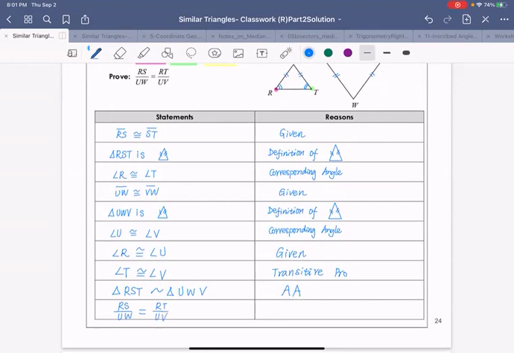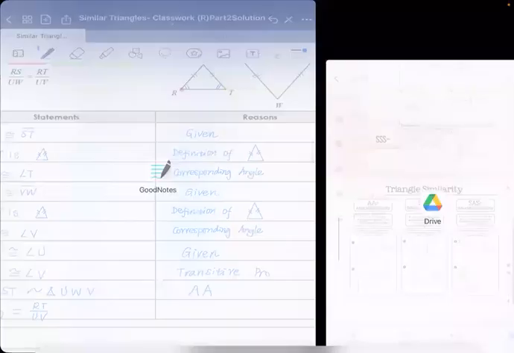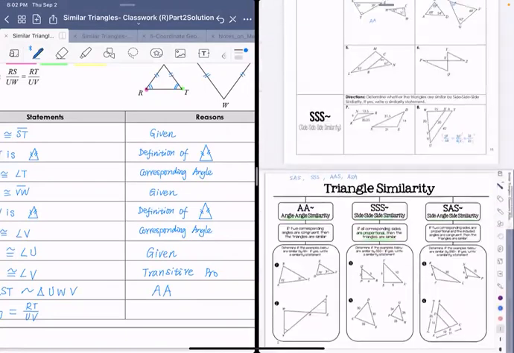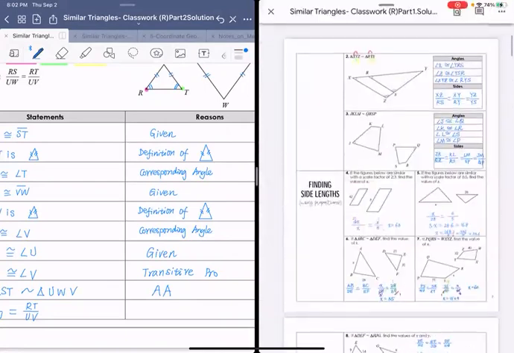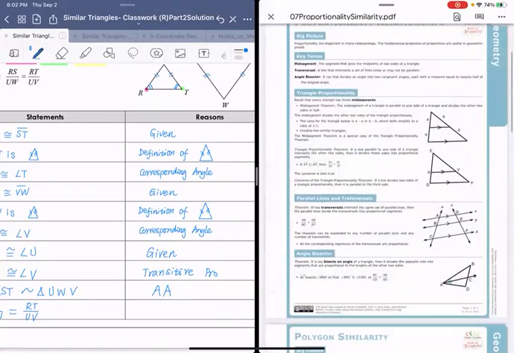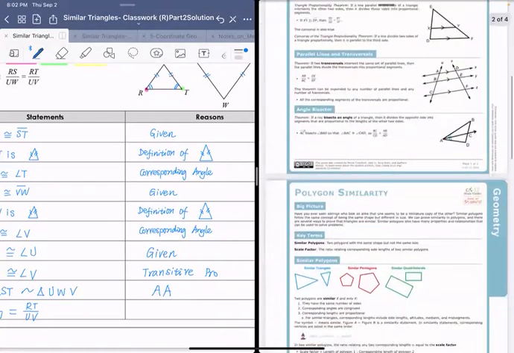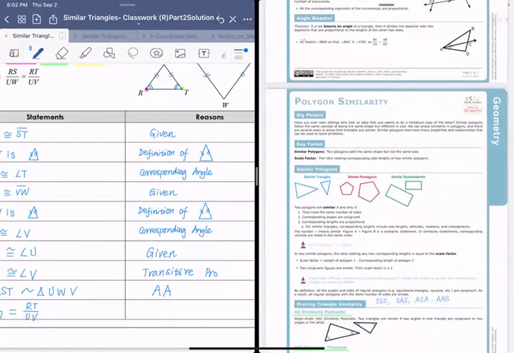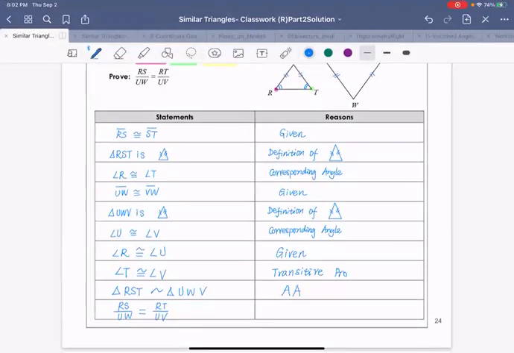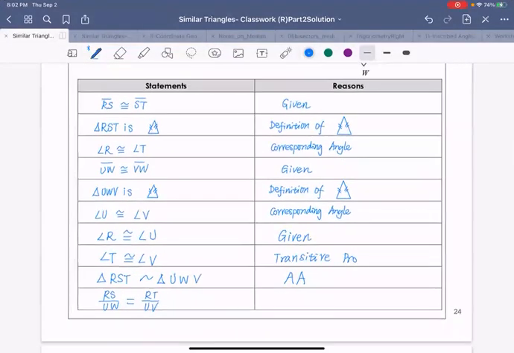Because, for similar triangles, their corresponding parts are proportional. So as long as you prove two triangles are similar, you can definitely write down the ratio.